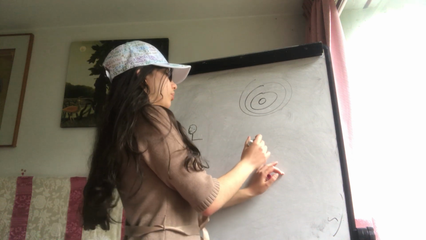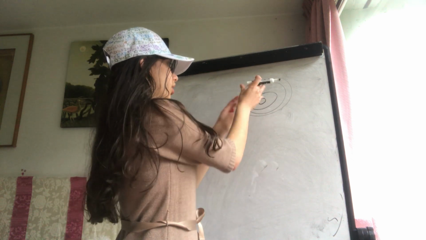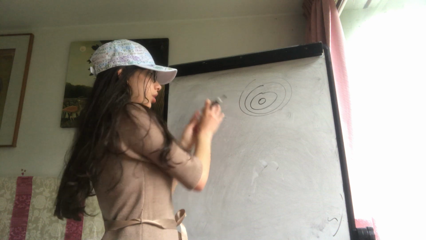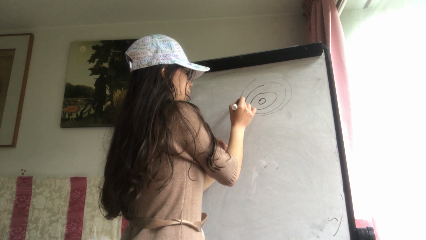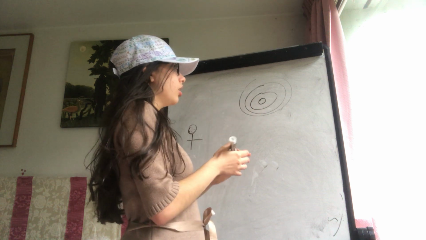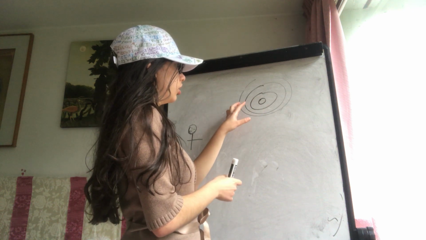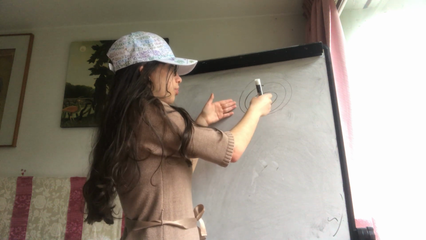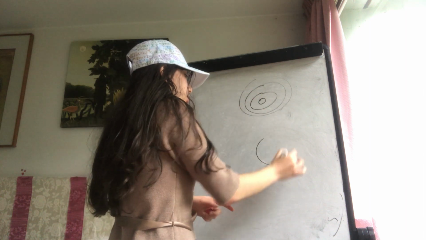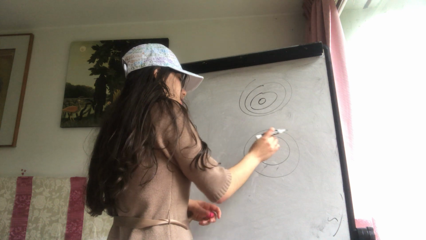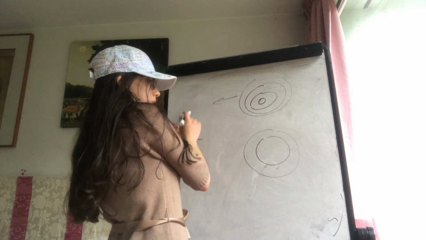Now, if the source is moving, here we have this wavelength. The wavelength here is fixed, but if we now move the source, we have these sound waves. Let's say that I'm moving towards the listener.